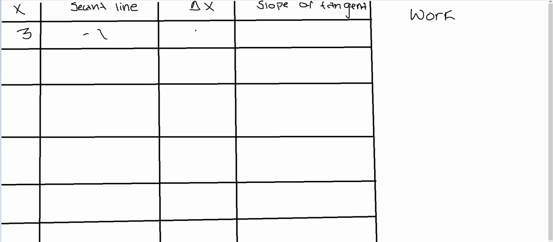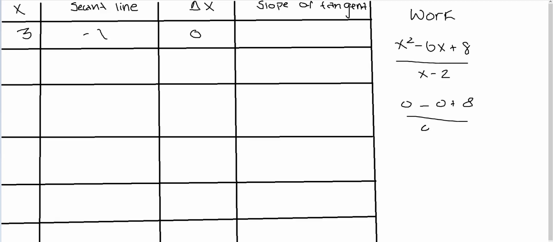We can find our slope of tangency by plugging in our x value into our equation of the tangent line, which is x squared minus 6x plus 8 over x minus 2. If we plug in 3, we're going to get 9 minus 18 plus 8 over 3 minus 2, and easy enough, that is negative 1. That is our slope of the tangent at the point x equals 3.